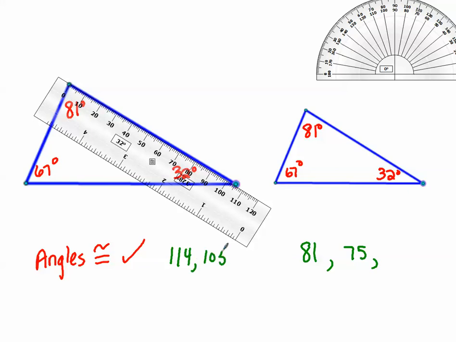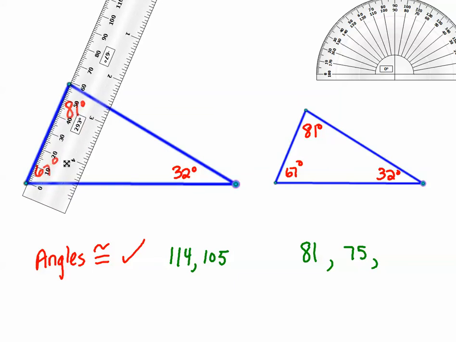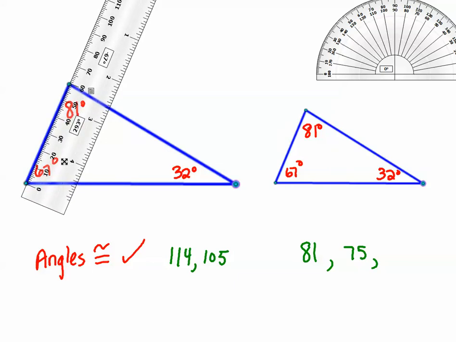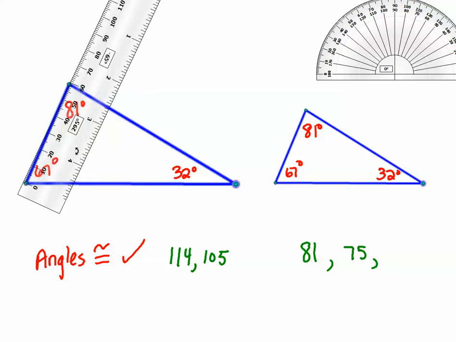Let's now measure the shortest side of both of these triangles. Let's try to be a little bit more precise here. That looks like it's about 60.